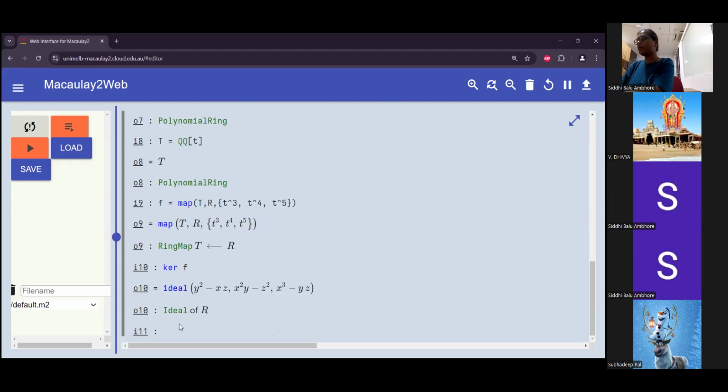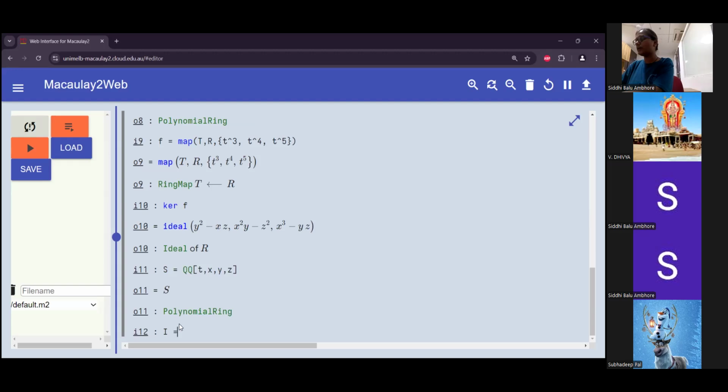Okay, and now we consider this new ring S equal to QQ[t, x, y, z]. And now I define this ideal J equal to ideal (x minus t cubed, right? xi minus gi, where gi was the image of that ring. So x minus t cubed, y minus t to the power 4, z minus t to the power 5).